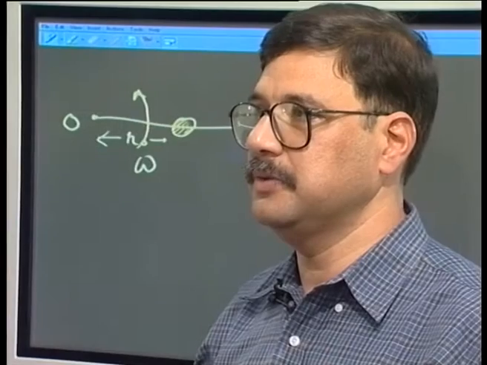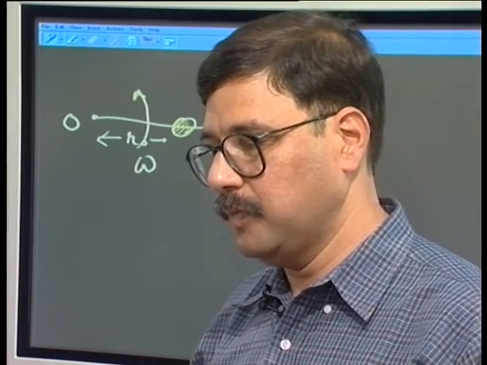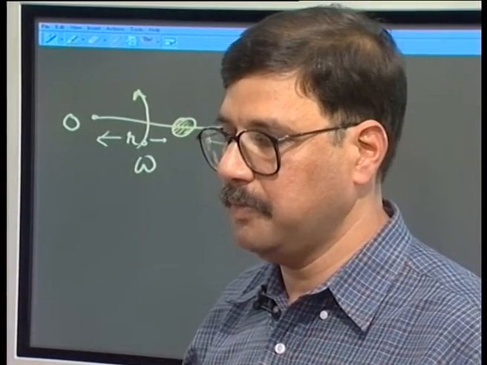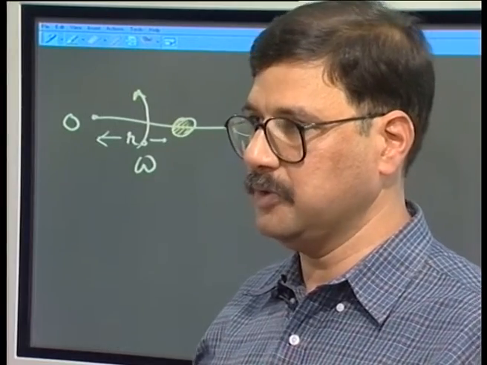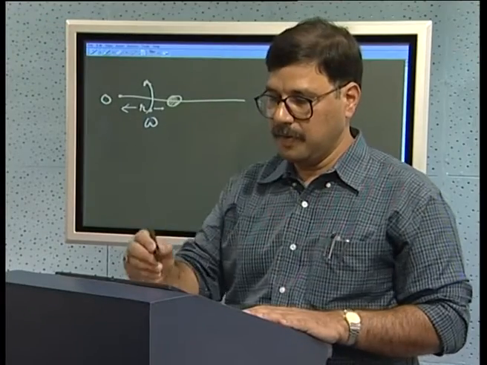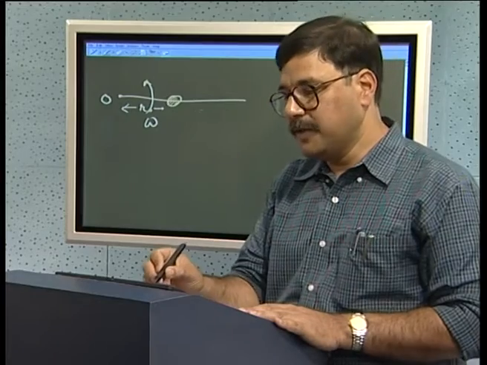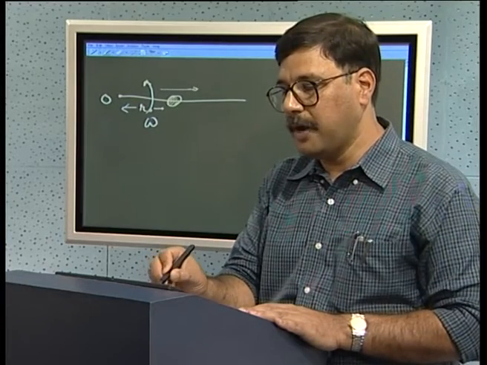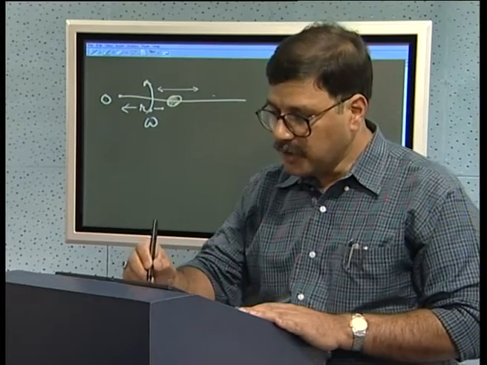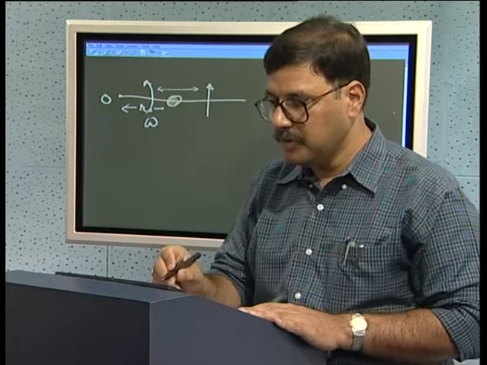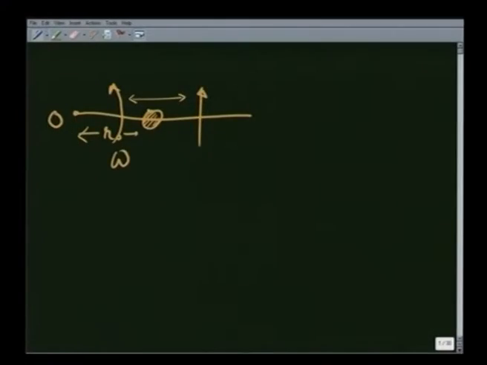I want to know how the position of this bead changes with time, how its velocity changes with time, and what is the force that the wire applies on the bead. Obviously, if it is frictionless, there is no force applied in this direction. There is force applied in this direction because the wire forces the bead to move in this way, and I am going to describe the motion using planar polar coordinates.